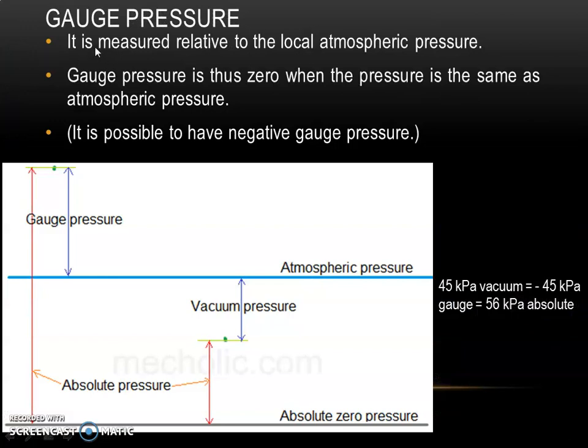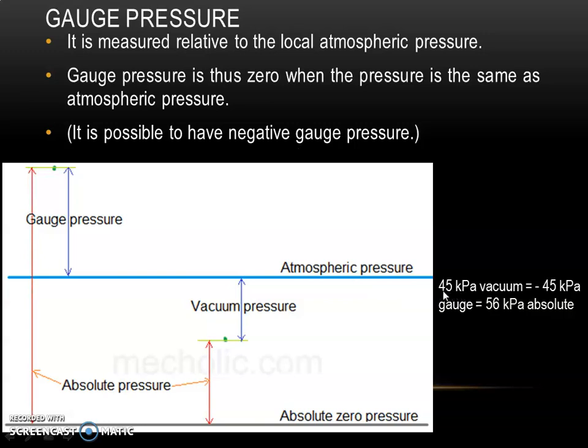Next is gauge pressure. It is measured relative to local atmospheric pressure. Gauge pressure is zero when pressure is same as that of atmospheric pressure. It is possible to have negative gauge pressure.